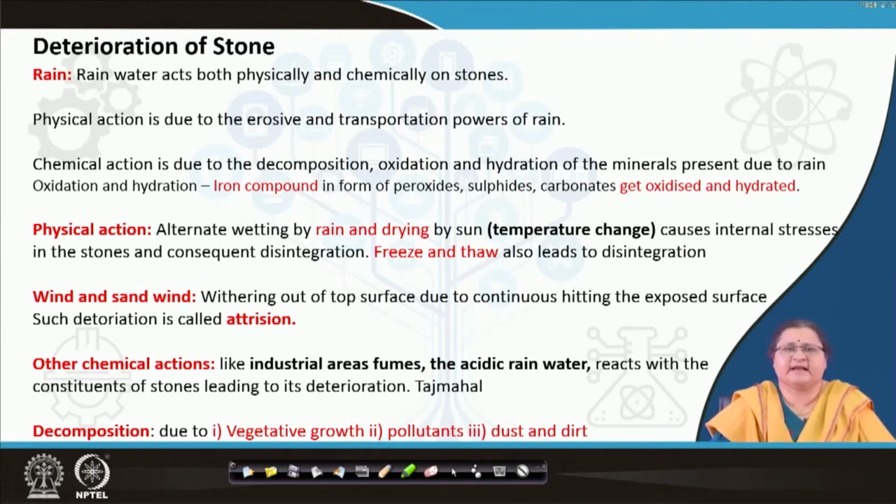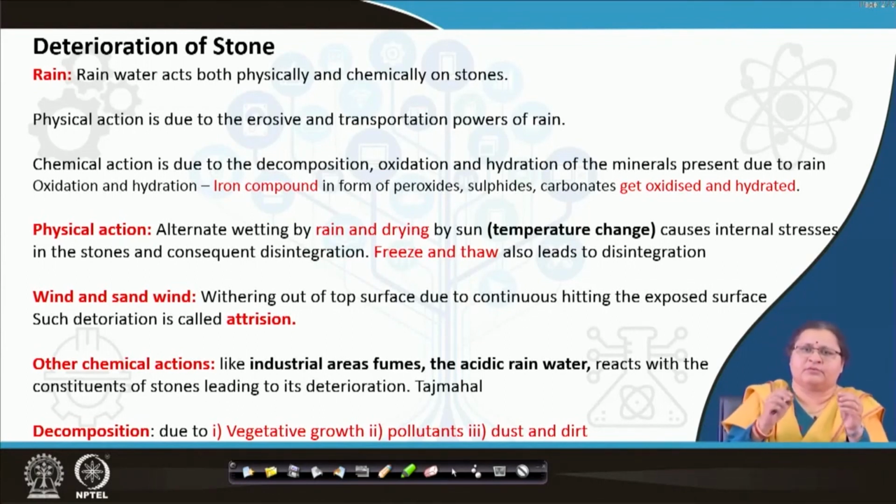Similarly, the physical action, alternate wetting by rain and drying because of temperature change, can develop internal stresses. And similarly, due to temperature change, the water accumulated inside its pores may freeze and thaw, freeze and thaw.